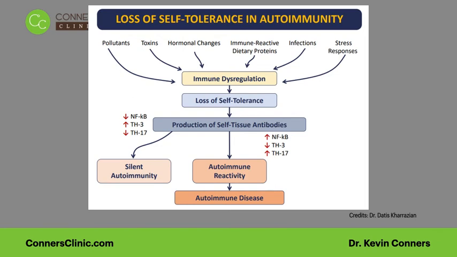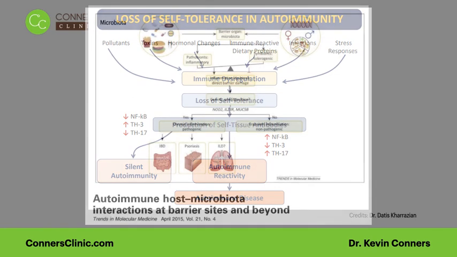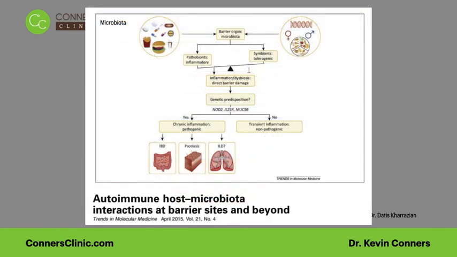You're going to stay more in a silent autoimmunity. But the greater amount of inflammation you have, the less regulation you have of your immune response, and you're going to end up with more damage. So this is a good slide to memorize, because this is going to be good to help balance things.